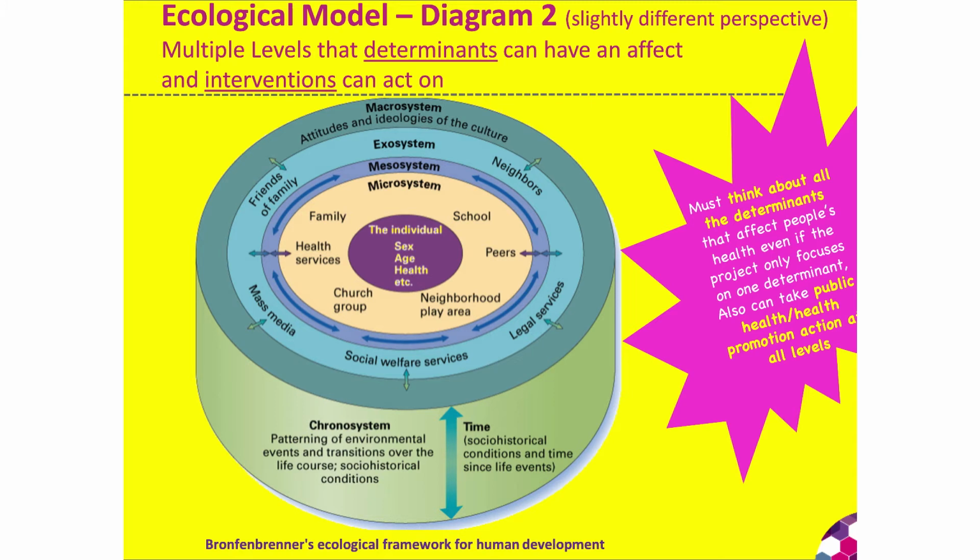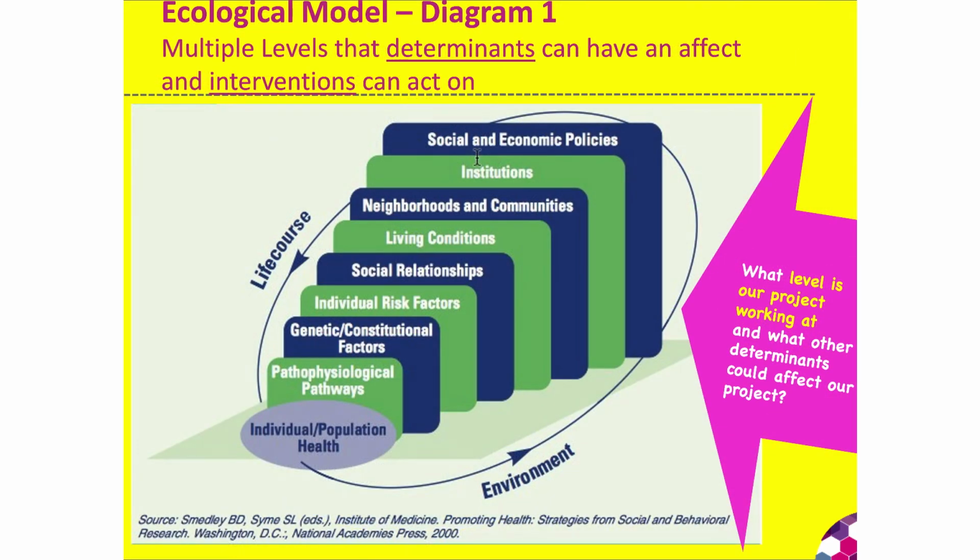And the exosystem is our wider family and friends and neighbors, and the wider sets of services that we might have, such as mass media, social welfare and other wider services that we may not use so often, legal services, financial, etc. And then the macrosystem is the attitudes and political ideologies and beliefs of the culture that we are living in. So you can see here, this model, while it looks very different visually, is actually quite similar to the model here. It's just visualized in a slightly different way.